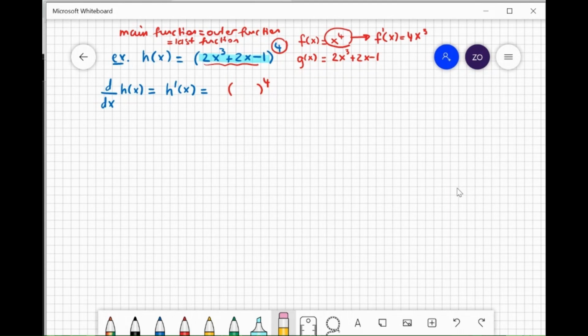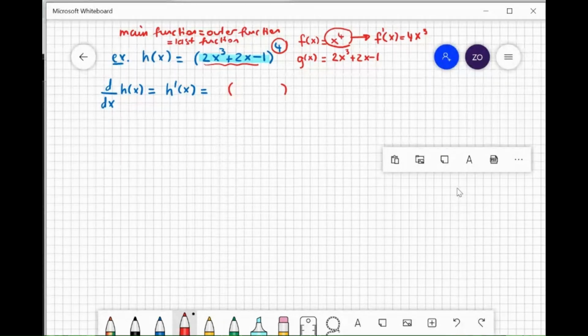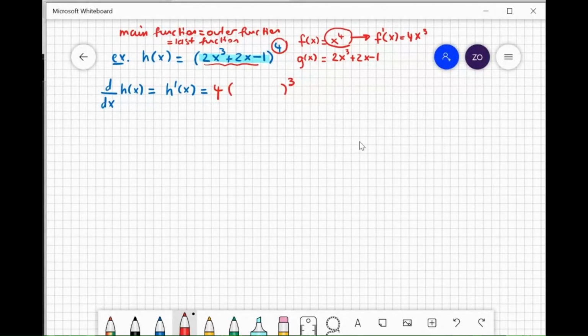So we take the derivative of this outer function, the parenthesis raised to the fourth power. When you take the derivative, we take 4 to the front and decrease the exponent by 1. This is the derivative of the outer function, evaluated at the inner function, so just keep the inside and plug it in.